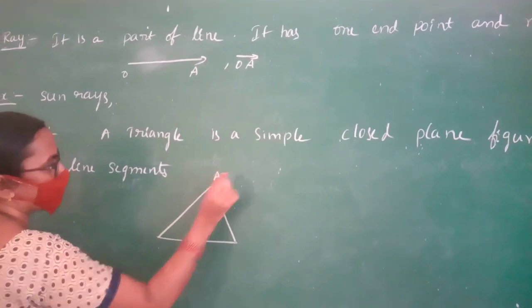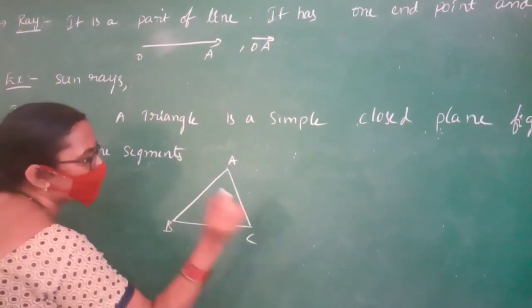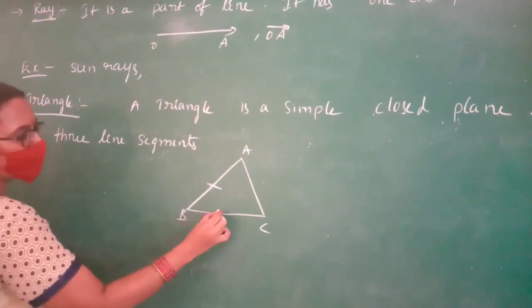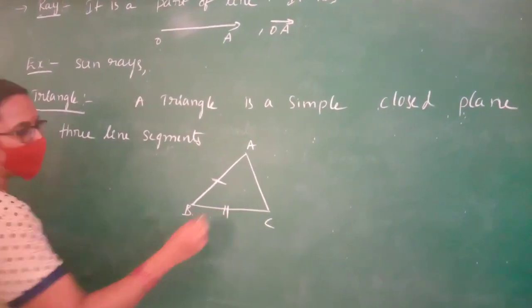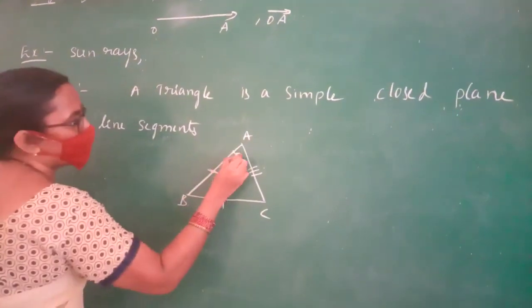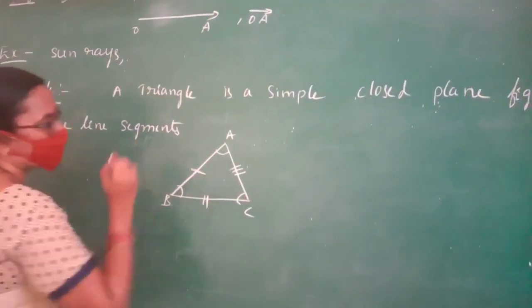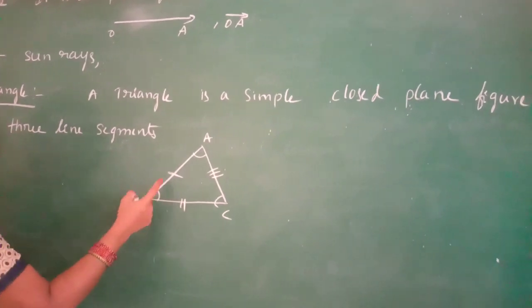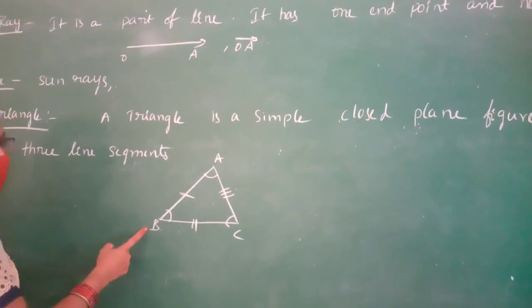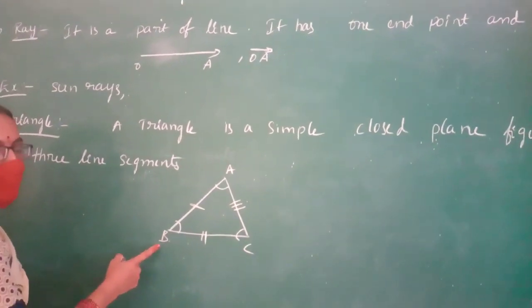Yes. A, B, C. Here AB is one side, BC is another side, and AC is another side. And also these are angles. This is a closed figure. How many angles are there? 3. How many sides are there? 3.